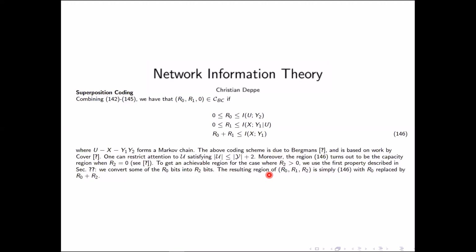Then we get a resulting region R0, R1, R2. That's very simple. We just replace R0 by R0 plus R2 somehow. That's the way I described it by alpha. In this way, we get a rate region, in this case also with R2. So we get a first simple estimate by superposition coding for the rate region of the broadcast channel.